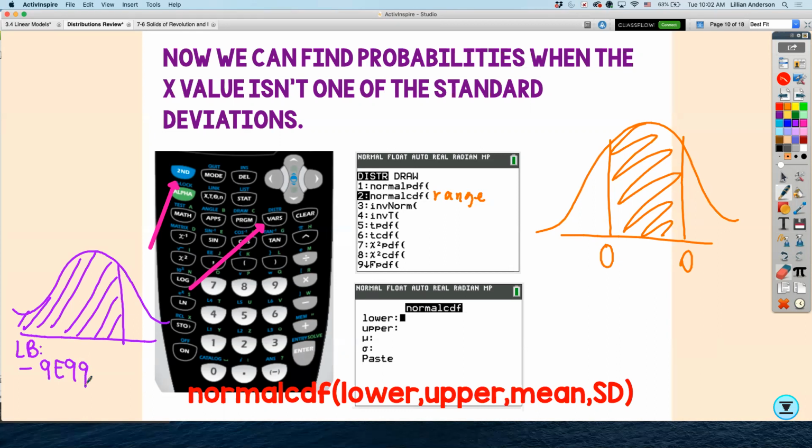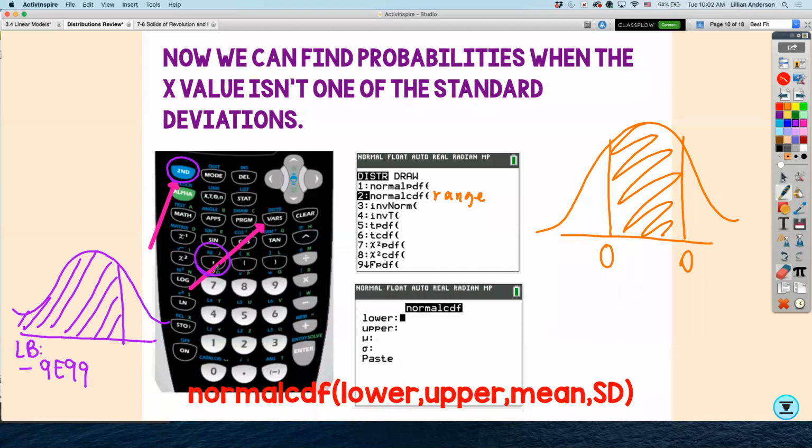That's essentially -9 times 10 to the 99th power. So that is 99, a decimal, 99 zeros and a 9, a negative, of course. Okay, so we wanted a really, really, really small number. You remember you got the E by pressing the second button and then the comma button. That's how we got that E there.